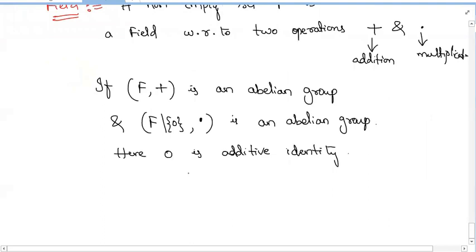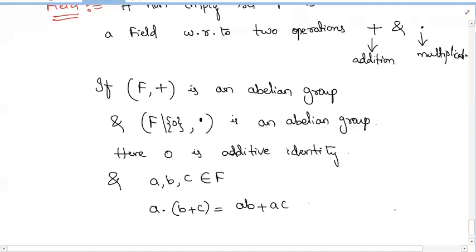Is that enough, or are we missing something? There should also be compatibility, the distribution laws between these two. So a, b, c belong to F: a dot (b plus c) equals ab plus ac.